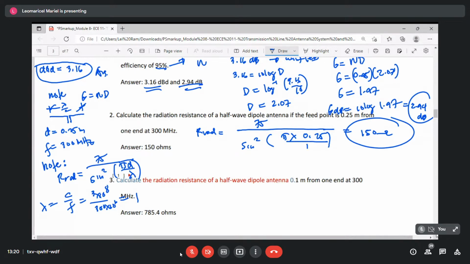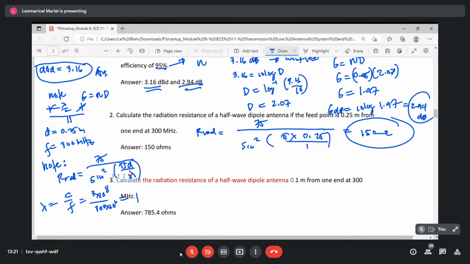That means we double it, since sine of pi times 0.25 times sine of 0.25 pi is like that. Make sure that your calculator is in radian mode, because you have pi. Is it correct? Yes, sir.